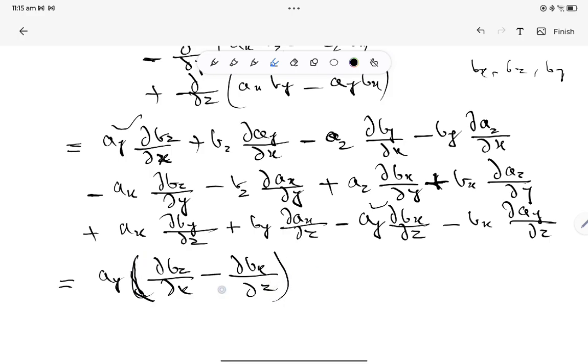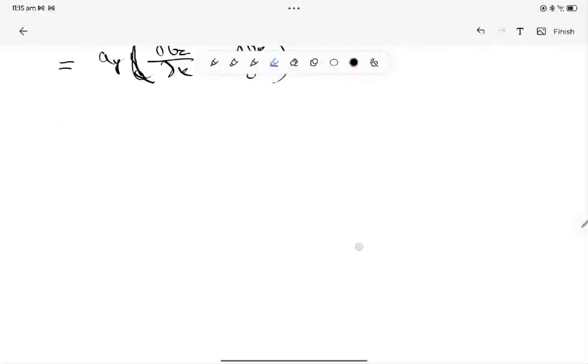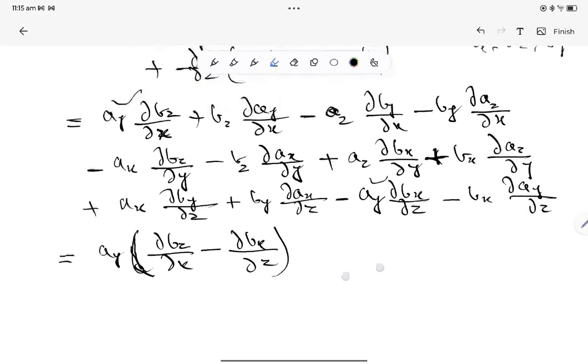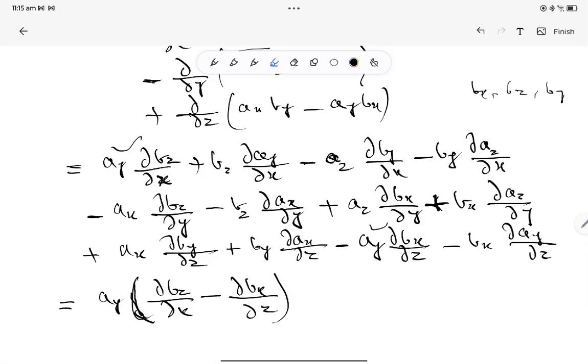As you can see easily, this much is not z component, it is the y component of this curl, y component of the cross product of del and b. See how? Just a minute. Or first let us collect them, and later on we will tackle that thing.